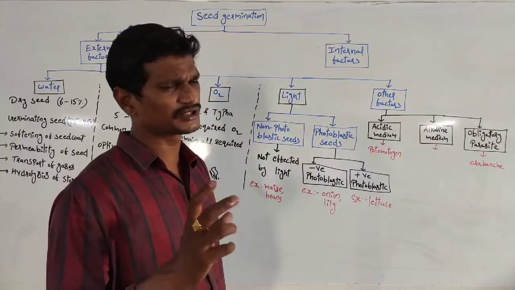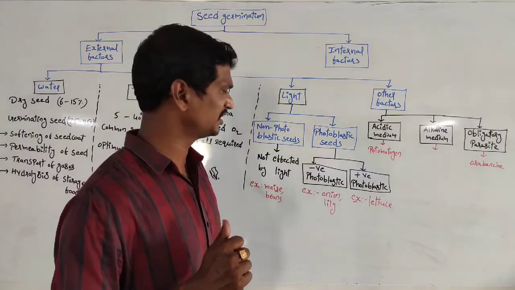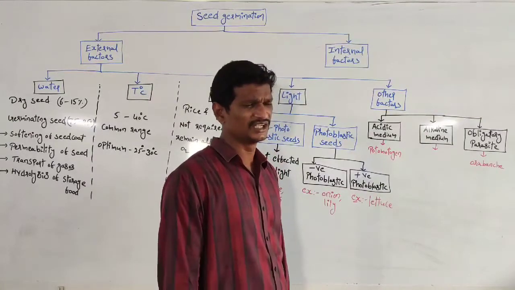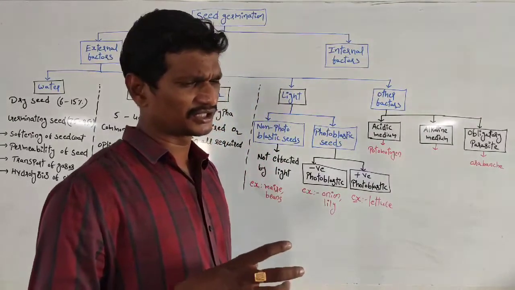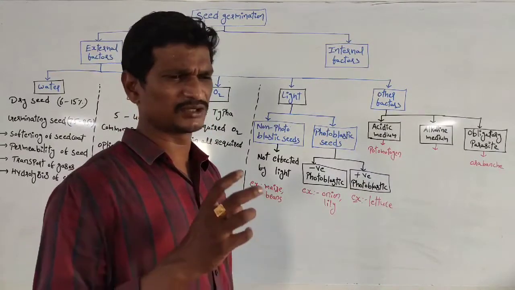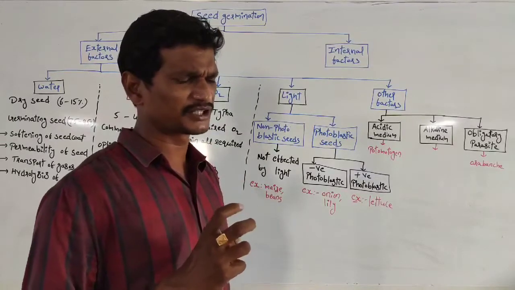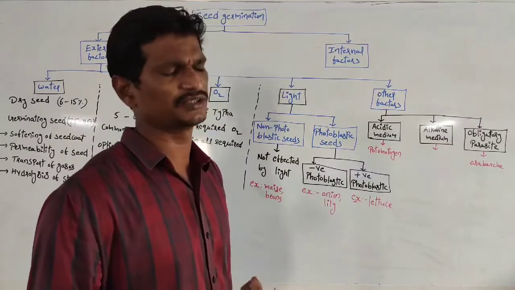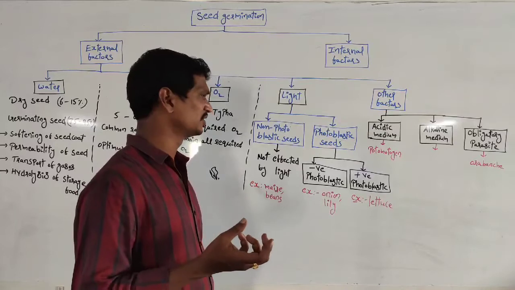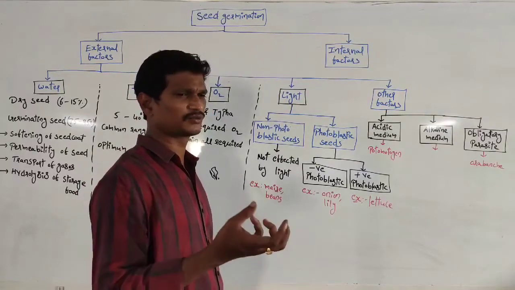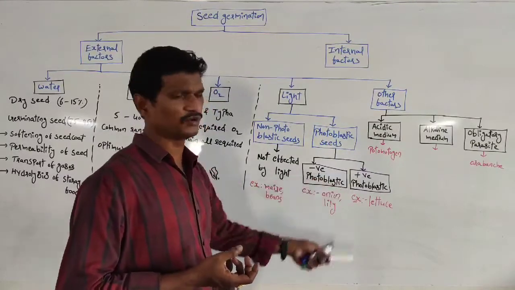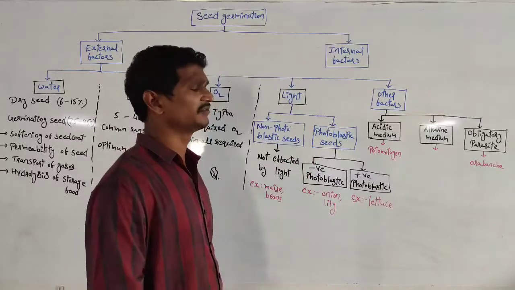And some seeds grow in the presence of light. See, in lettuce, the seeds contain some photochrome pigments, and the pigments are sensitive towards light. Some are born in the absence of light, and some are born in the presence of light. Right? So these are negative photoblastic and these are positive photoblastic. That is about the effect of light.